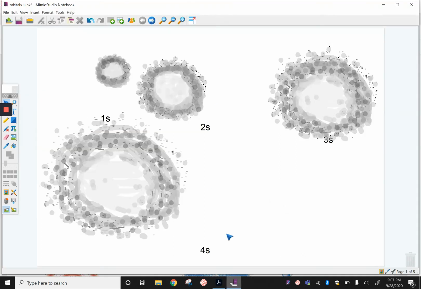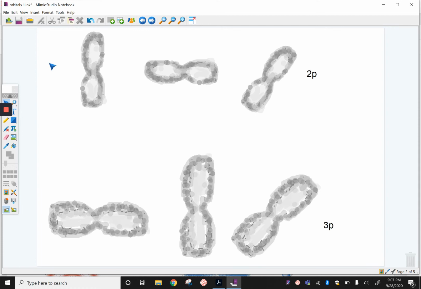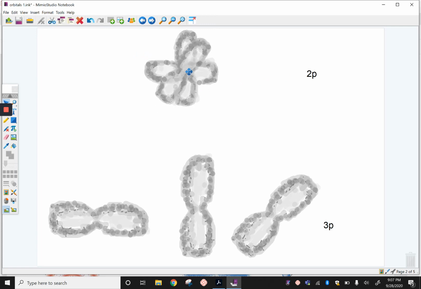So let's go back here. We said these are the S's, right? Let's look at the P's. The P's look like dumbbells. So when I graph the 2P, so the P sublevel in the second energy level, I get 3 graphs, 3 orbitals. 1 in the X plane, 1 in the Y plane, and 1 in the Z plane. So when you put them together, they look like this.